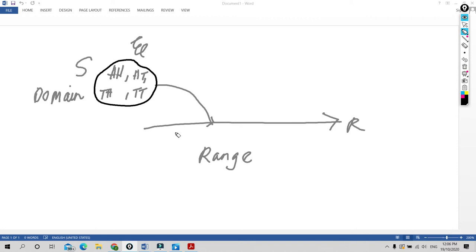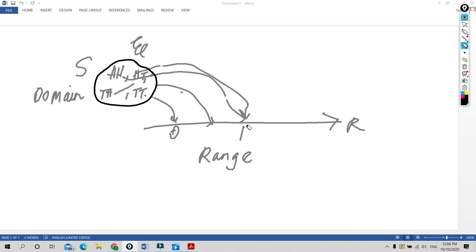Here is zero heads. Then we can get one head. This refers to one head. These are one head. Or we can have two heads. Here is two heads.